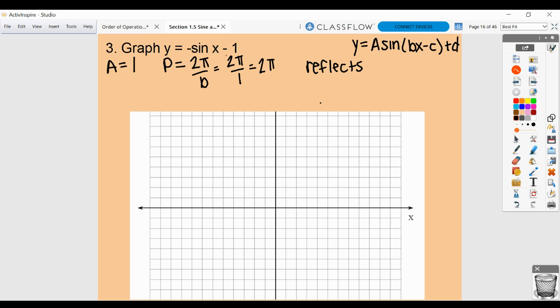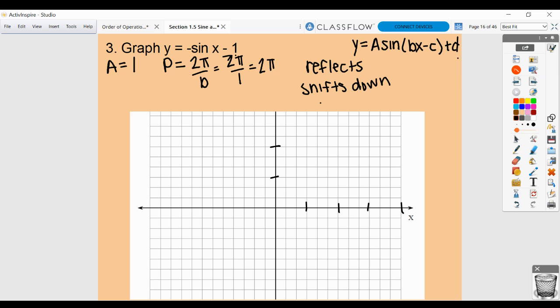And then that -1, it's on the outside of the parentheses, so that is a D. So that means it shifts down. So whenever we make our T-chart, we're just going to have to make a couple more parts of the graph.